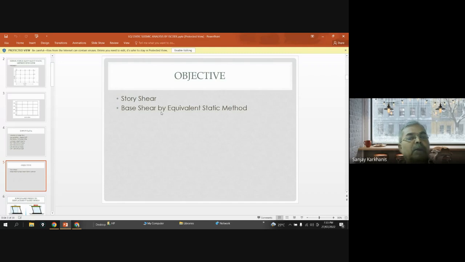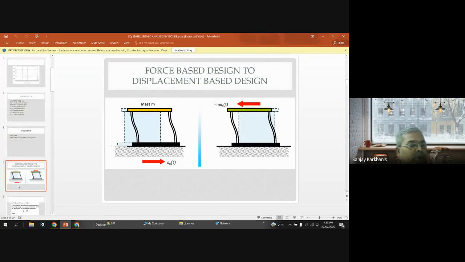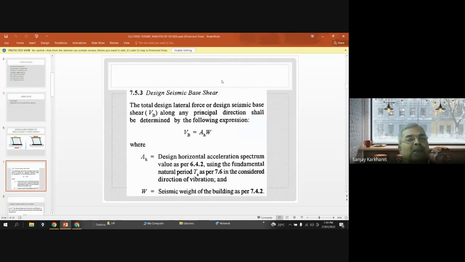So first we'll be calculating base shear, and then this base shear will be distributed at every floor so that we'll find out the story shear. Then you have gone through the basic equation that we are going to use for calculation of seismic base shear, and that is VB equal to AH into W, where AH is the seismic acceleration spectrum value or design acceleration coefficient, and W is the seismic weight.